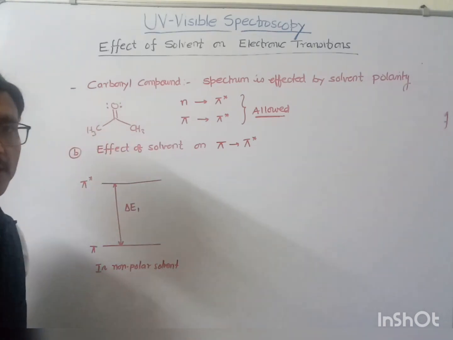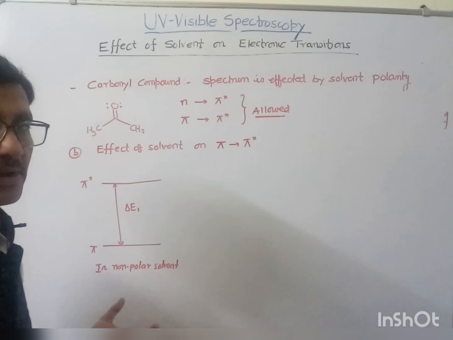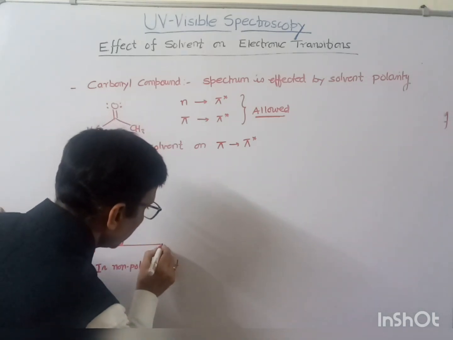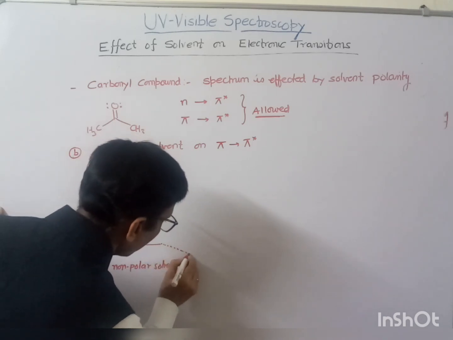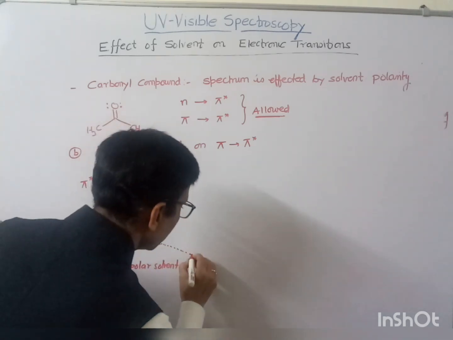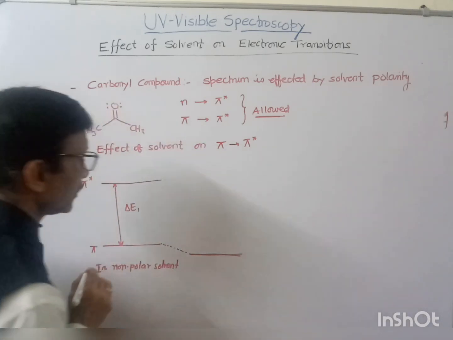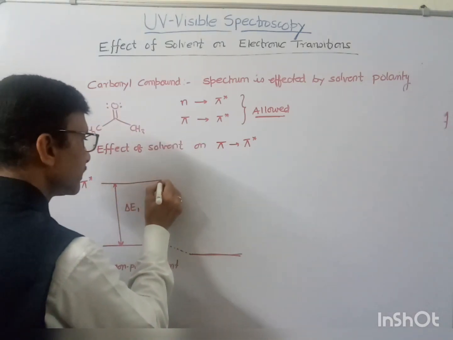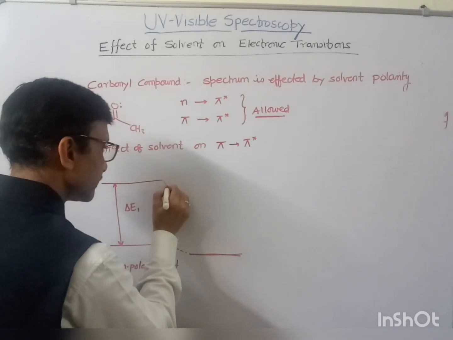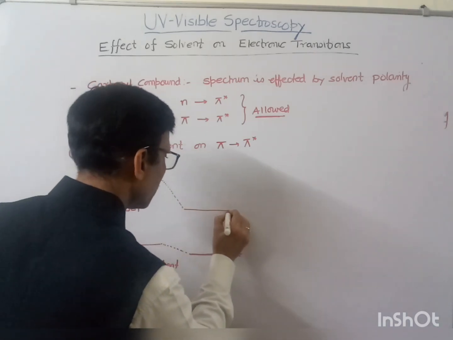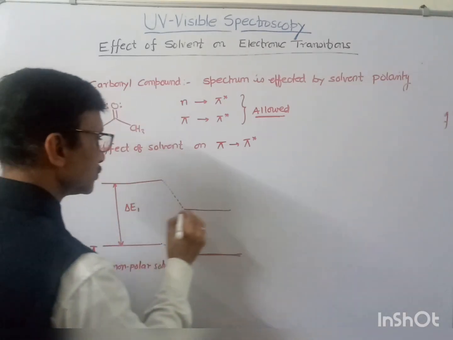Now what will happen if we take the spectrum in a polar solvent? In polar solvent, the energy decrease of the ground state is less than the energy decrease of the excited state. So the excited state decreases its energy much more than the ground state.